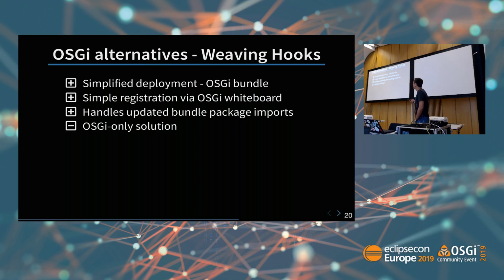And it even handles updated bundle package imports for you. The only drawback is that it's an OSGi only solution. And the drawback is obviously if you target something else besides OSGi. But if you only target OSGi, I think weaving hooks are just simply the way to go. And to my knowledge, they allow you to do more or less the same thing.